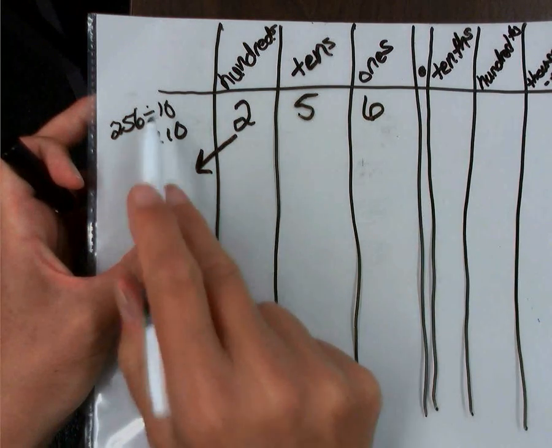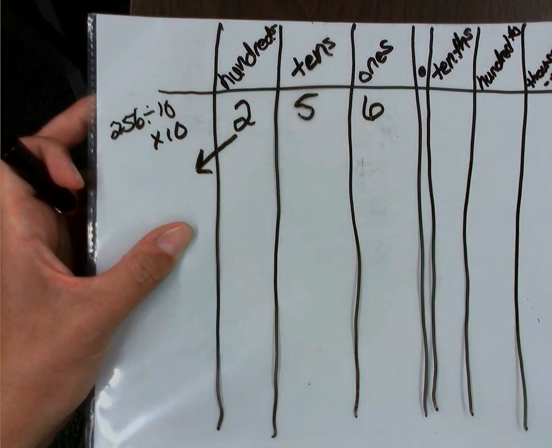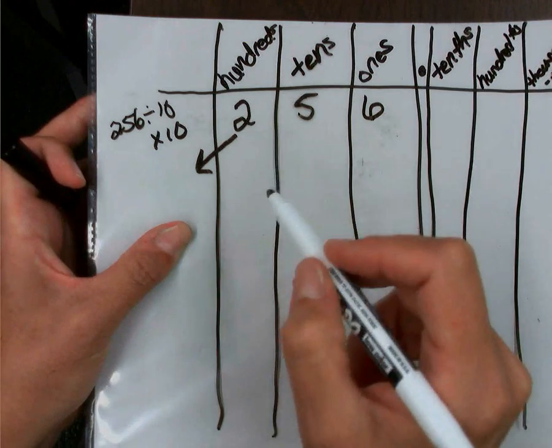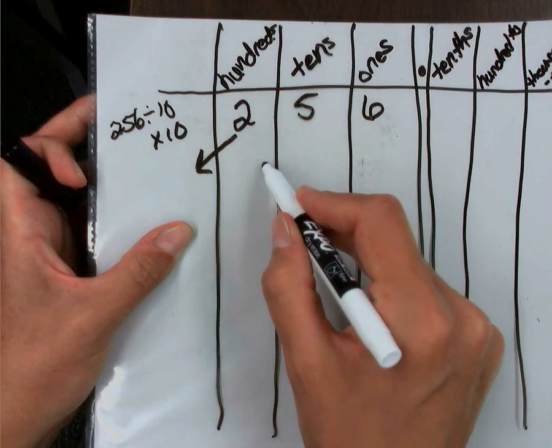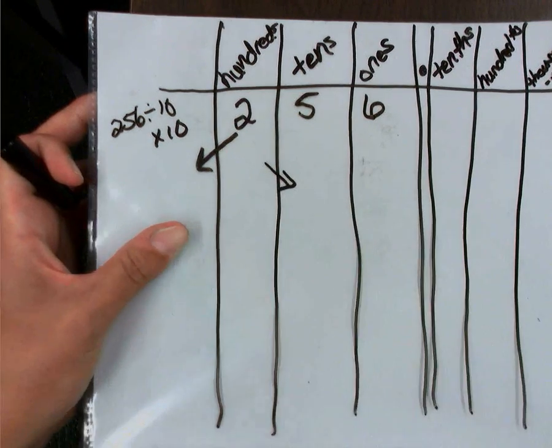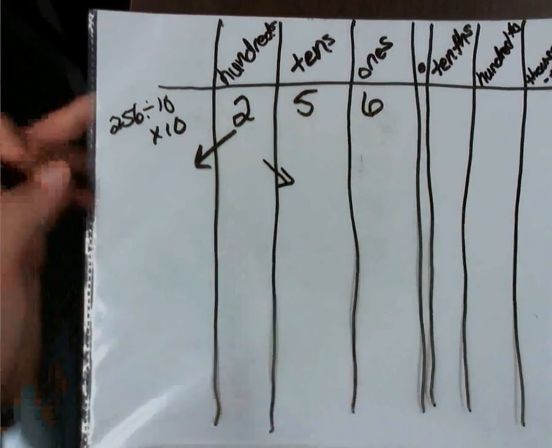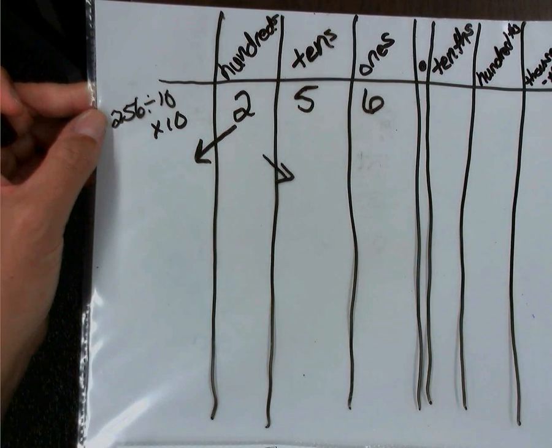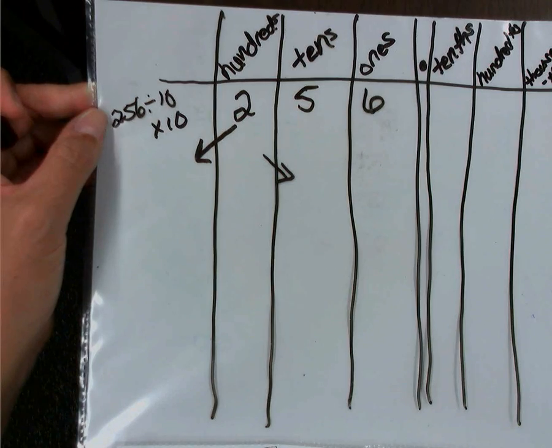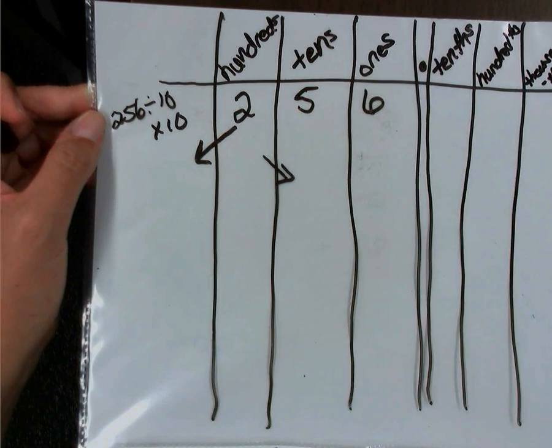If we were dividing, though, they know that is the same as repeated subtraction, so in the division one, that number is going to lose a place value. The answer becomes, they were able to do this out loud, 25 and 6 tenths.